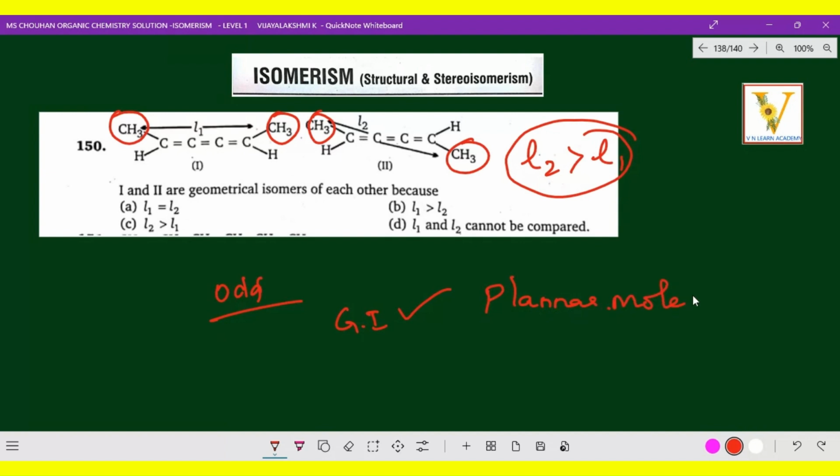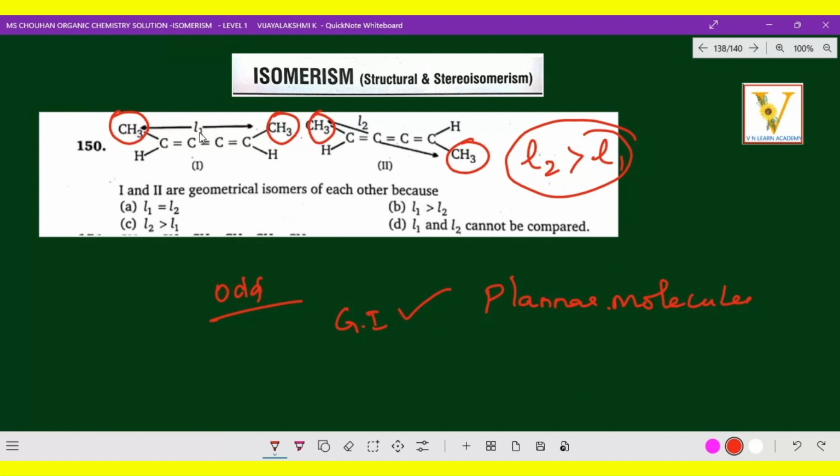Even cumulenes do not show geometrical isomerism because the terminal carbons are perpendicular to the plane, whereas odd cumulenes can show geometrical isomerism, and the double bonds allow the terminal groups to remain the same, right? So this is the main idea.